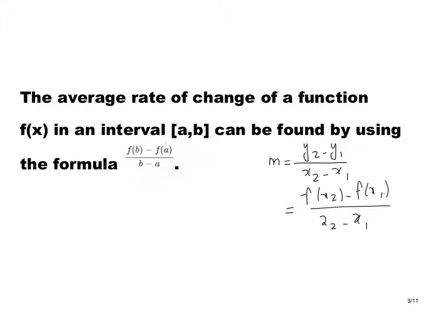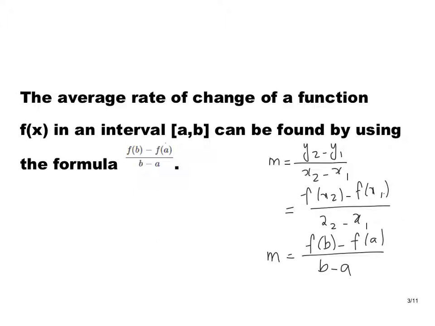Now, if we change x2 and x1 to b and a, then this formula changes to f of b minus f of a over b minus a, which we call the average rate of change of a function between the 2 points b and a.